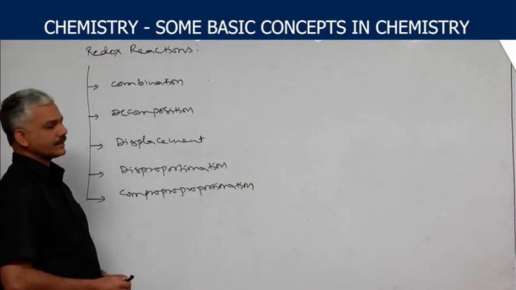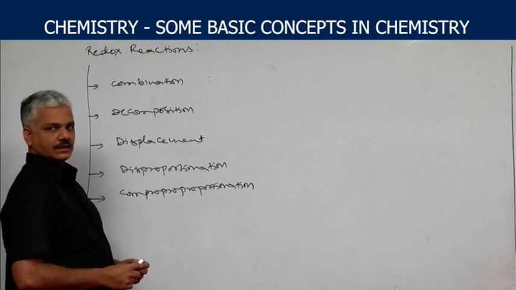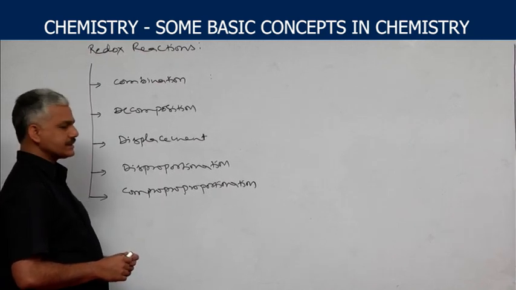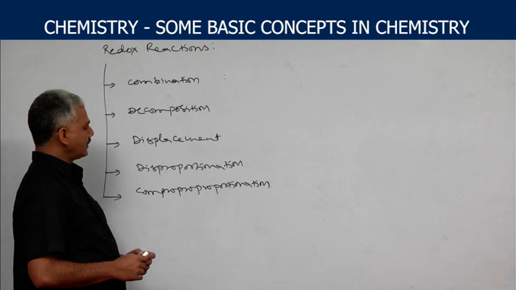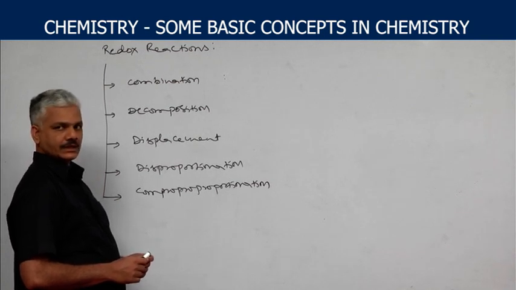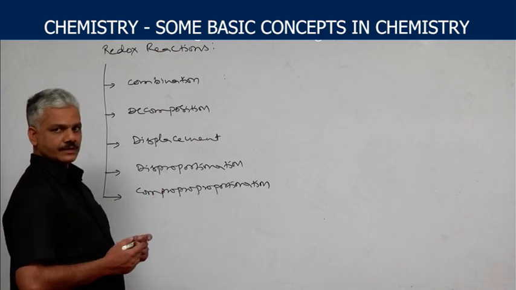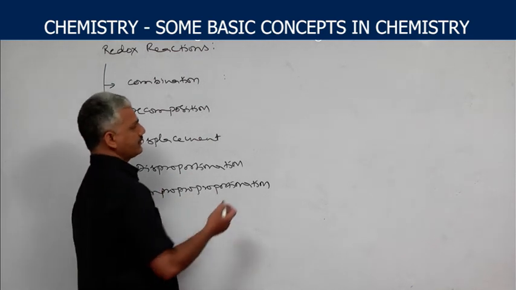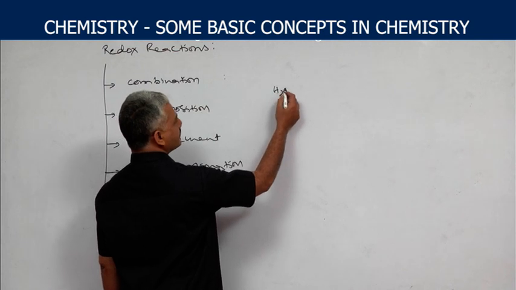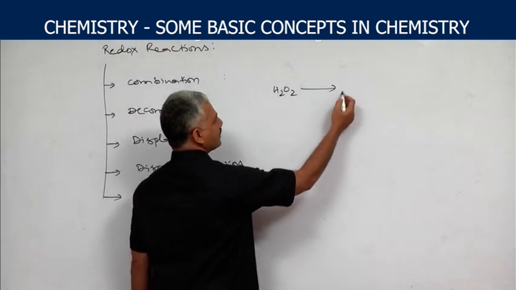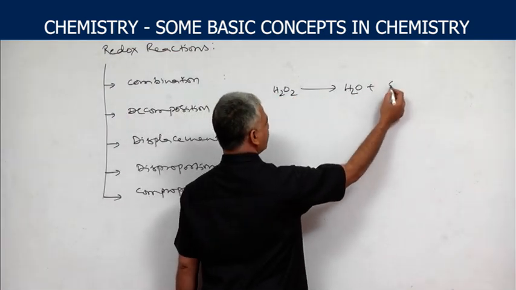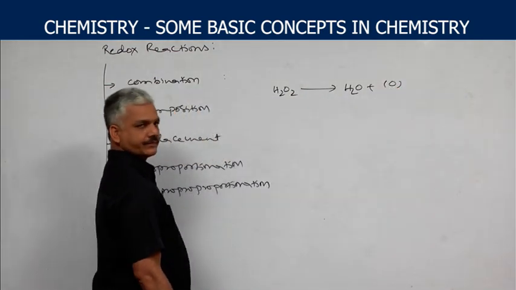Disproportionation reaction. It is a redox reaction in which the same substance on the reactant side undergoes both oxidation and reduction. Such a redox reaction is called a disproportionation reaction. Say, for example, hydrogen peroxide dissociates to give water and nascent oxygen.